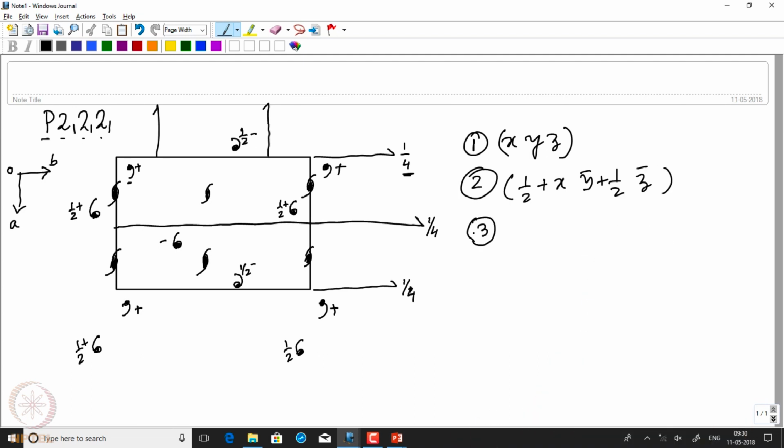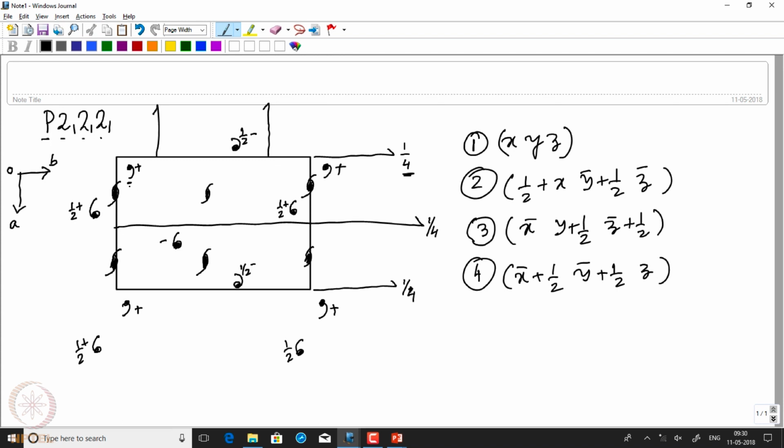Point number 3 is x bar, y plus half, z bar plus half, and point number 4 is x bar plus half, y bar plus half, and z.